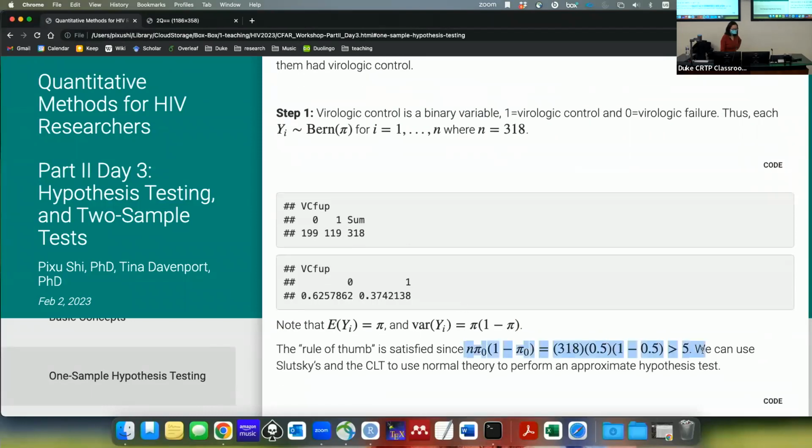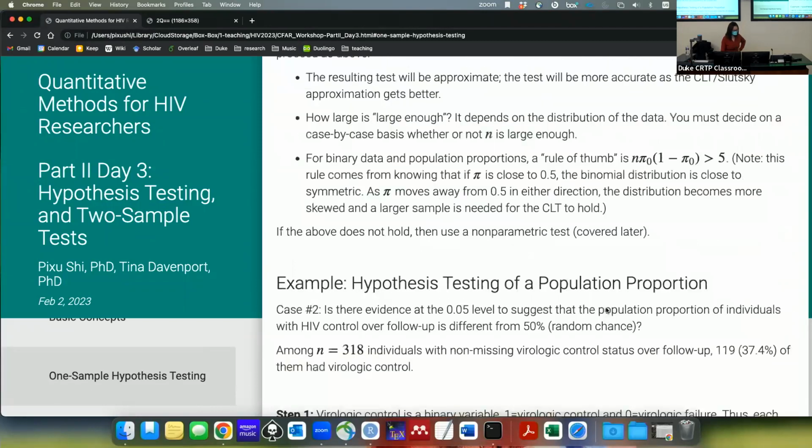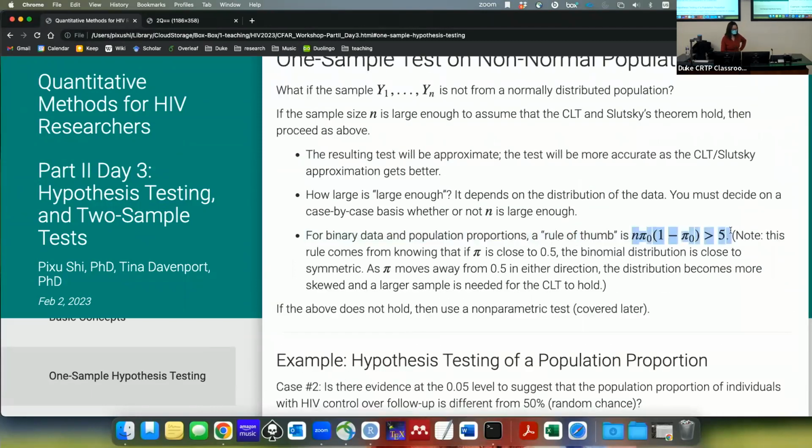This rule of thumb, sorry, I probably need to go back to my argument here. So this rule of thumb is actually to say whether your sample size is large enough to use the normal test for proportion, testing of proportion.